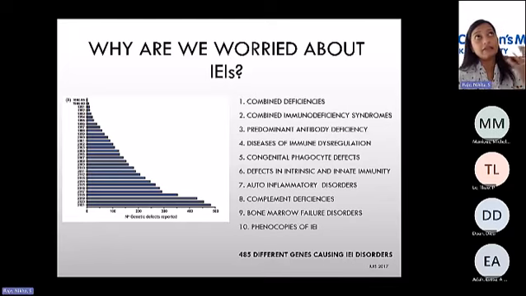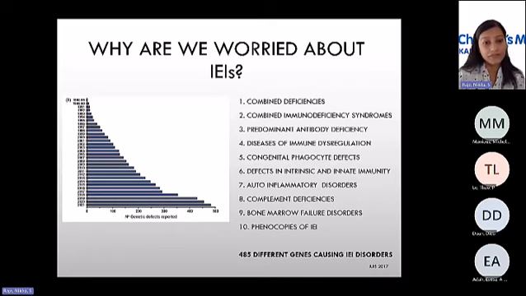So other than that, the immune system's not working enough, so it cannot fight infections. The job that the immune system does actually causes damage to our system, and that immune dysregulation causes a problem as well. Congenital phagocytic disorders, defects in intrinsic and innate immunity, autoinflammatory disorders.